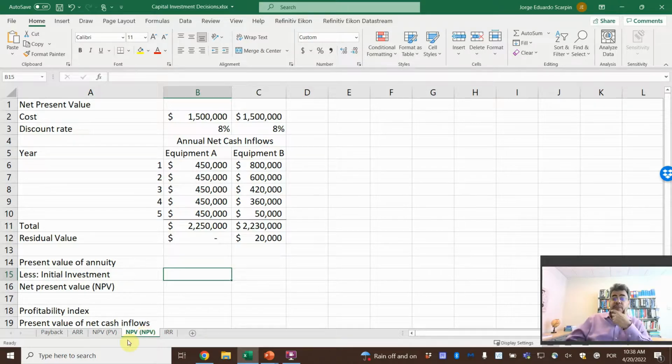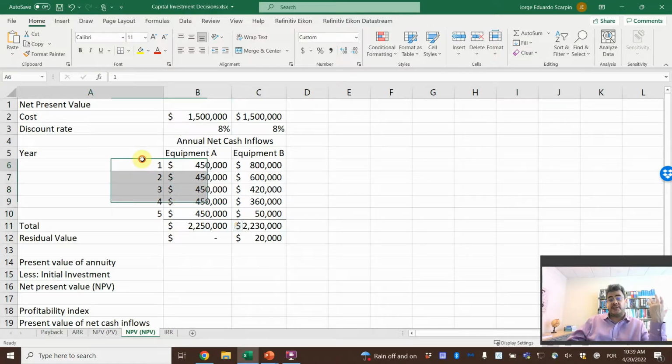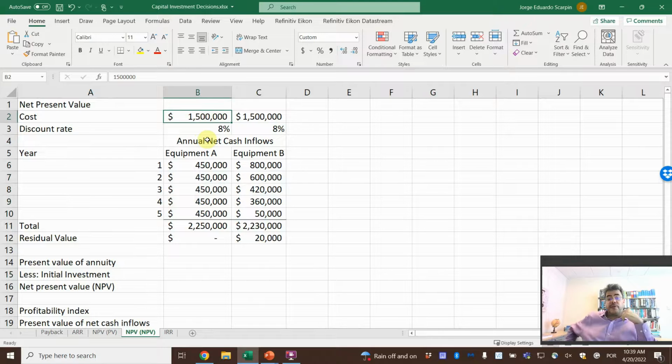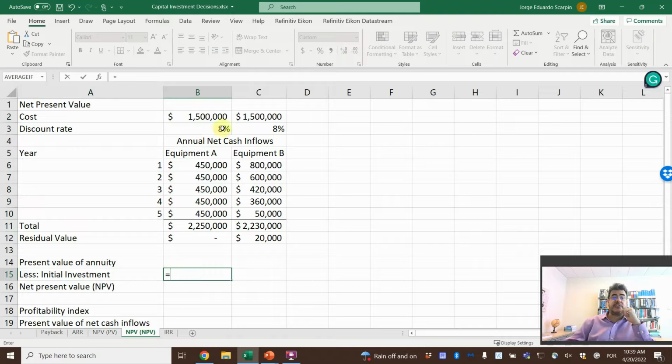So the net present value, what do we do? We compare the present value of the annuities, for instance, 5 years, with the initial investment, the cost of this equipment, for instance. So it is the present value of the annuity less the initial investment.